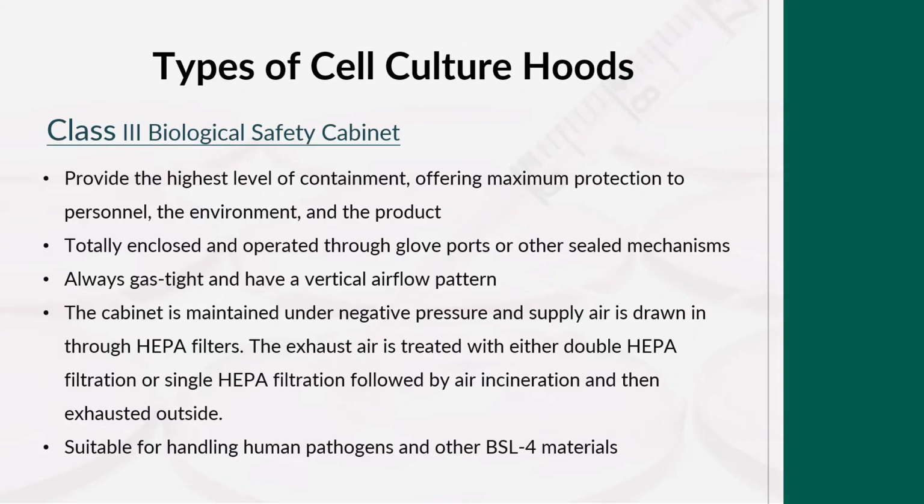So this type of biosafety cabinet is primarily used if you are working with human pathogens and other BSL 3 or 4 kind of materials. So these are really infectious, hazardous type, highest level. So you use class 3 biological safety cabinet to provide that maximum protection. So personnel protected, environment protected, and the product is also protected from any kinds of contaminants. So really highest maximum protection.